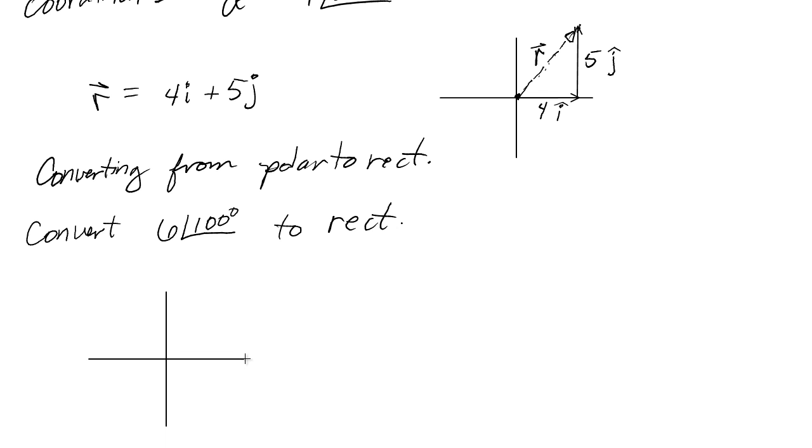You could skip this step, but it's not wise. So 100 degrees is somewhere in the second quadrant. So 100 degrees is probably something like this.